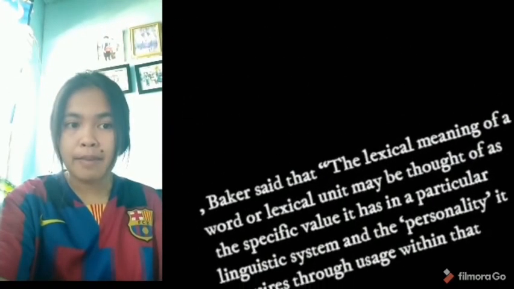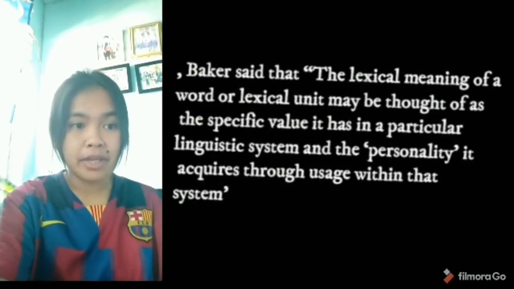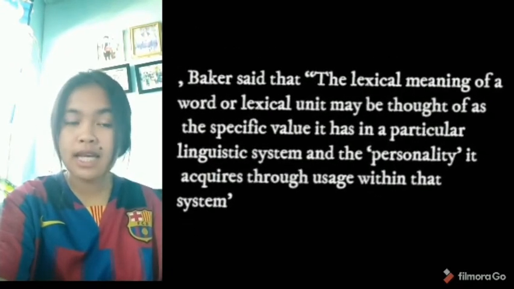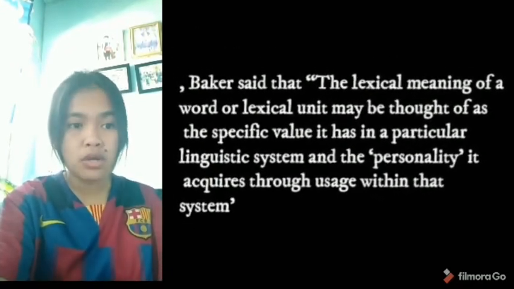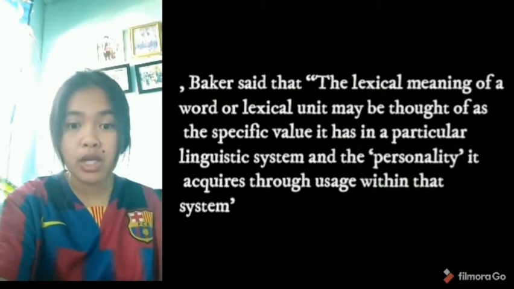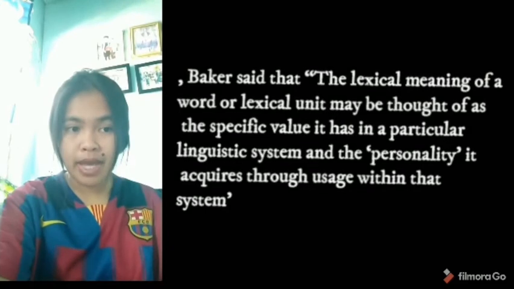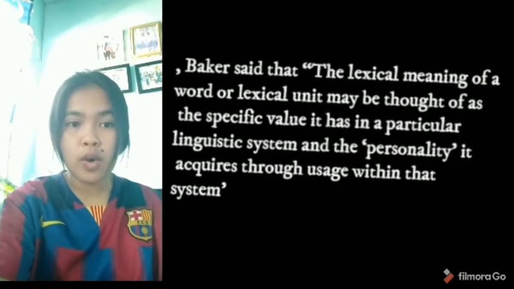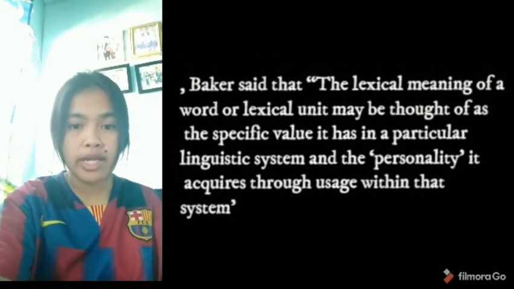Word also has lexical meaning. Baker states that lexical meaning of a word or lexical unit may be thought of as the specific value it has in a particular linguistic system and the personality it acquires through usage within that system.